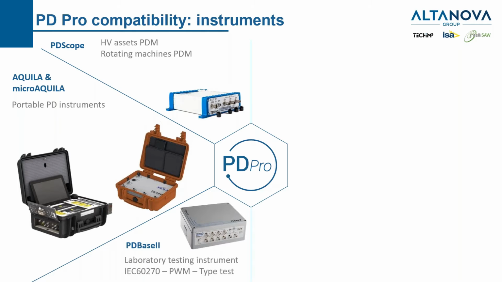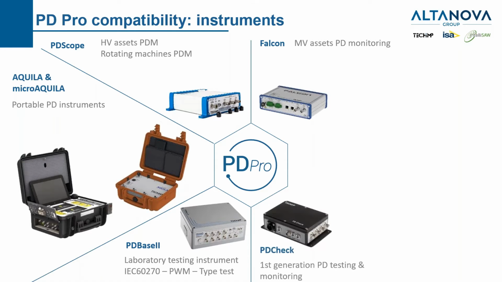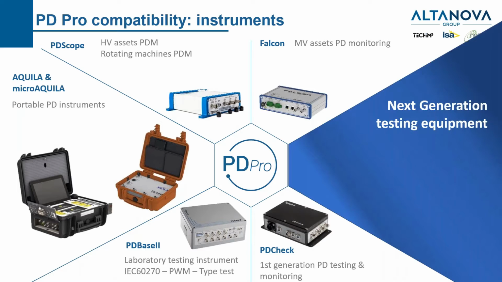We can use it as well with the laboratory testing unit, the PDBase2, used for IEC 60270 testing, for PWM and type testing of insulation material. We can also use the PDPro with the Falcon, that is the medium voltage standalone PD monitoring, and with the PD check, that is the first generation of our instrument for PD testing and monitoring. Next generation testing equipment will also be using the PDPro software.